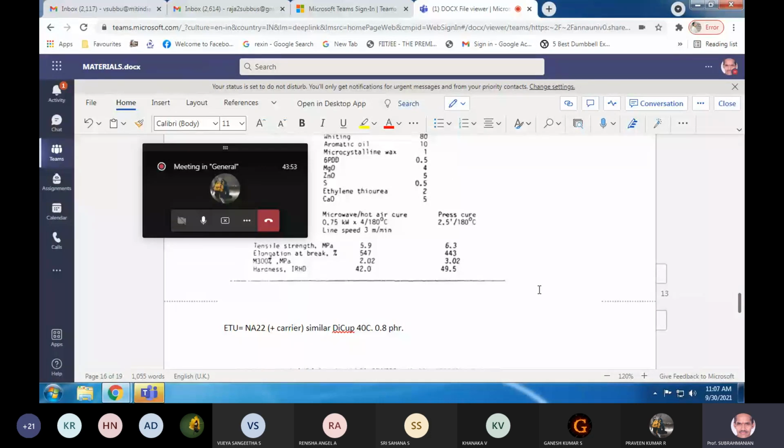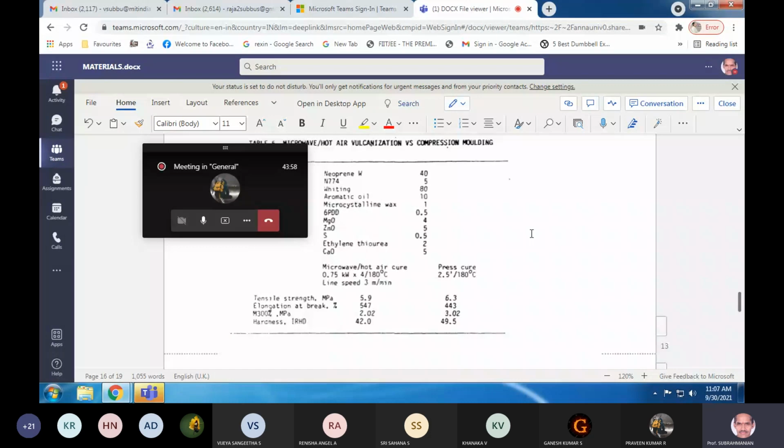So what is the idea? The idea is to effectively capture the sites, cure sites created by dehydrochlorination, because of metal oxide, magnesium oxide, zinc oxide.